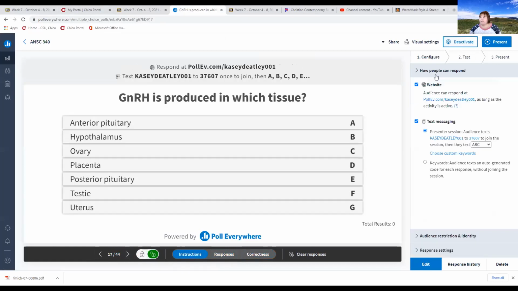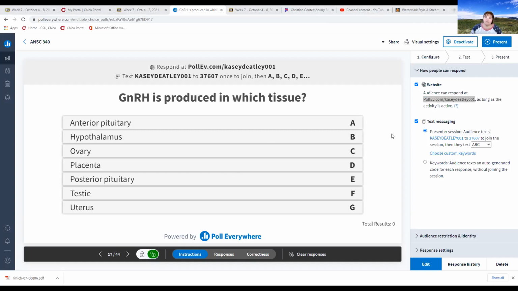All right, so we're going to activate this one. Okay, here's the link to the poll. And so we've got 9 of you. So I'm going to wait until we've got like 6 to 8 responses or until we time out.